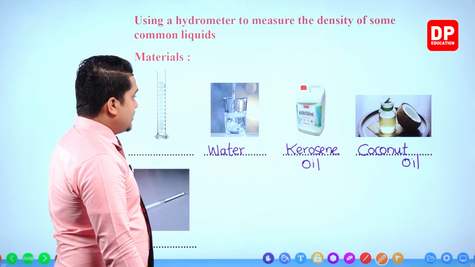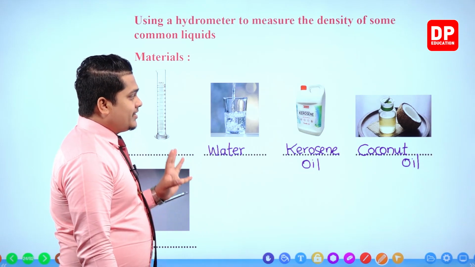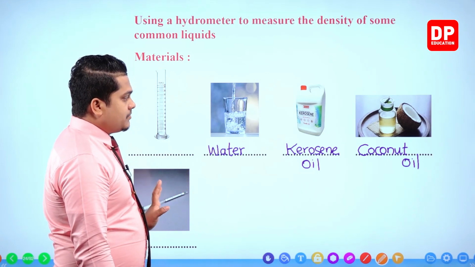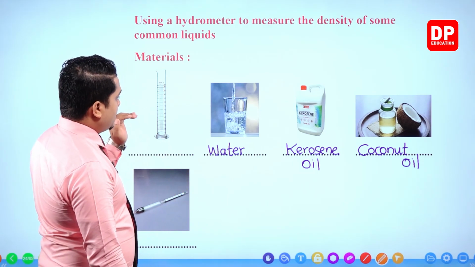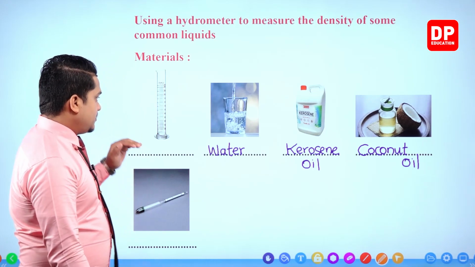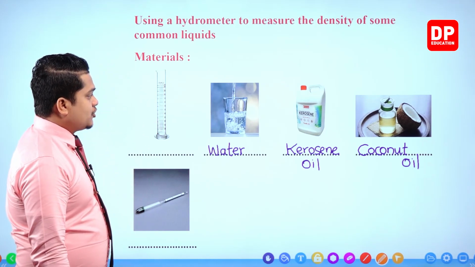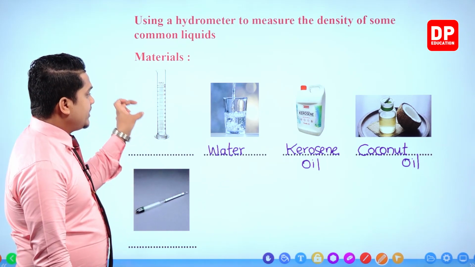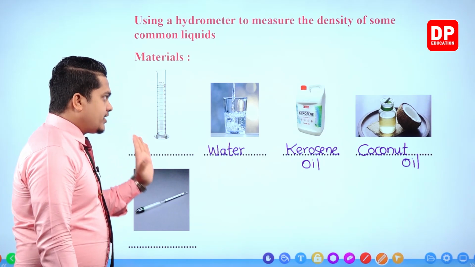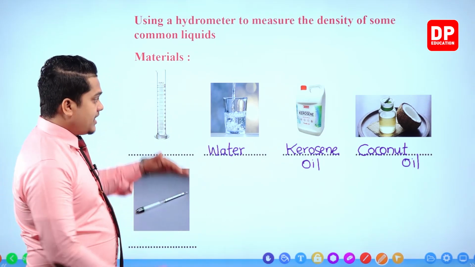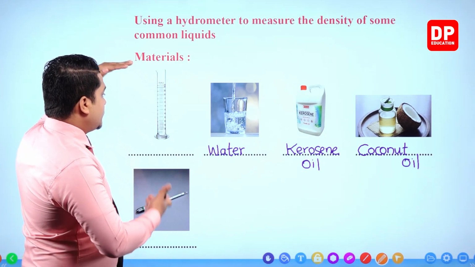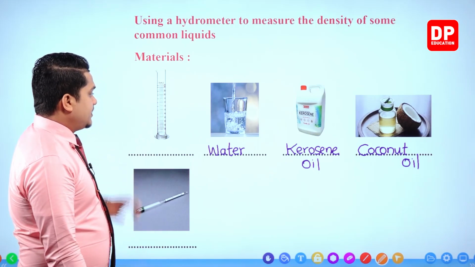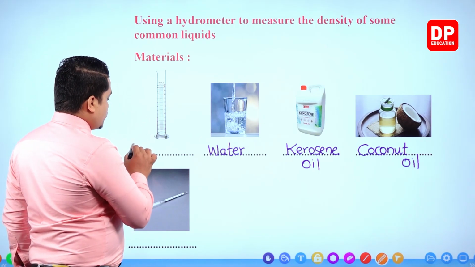Like I said, when you are measuring the density by using the hydrometer, my dear children, it's important to take a somewhat taller container, because we have to insert the hydrometer into it and it should not touch the bottom. So we have to take a measuring cylinder like this.